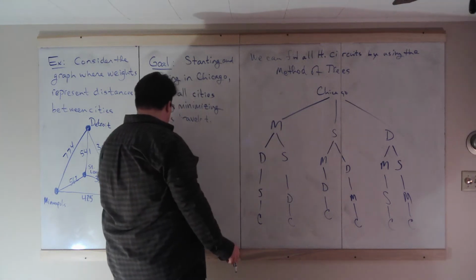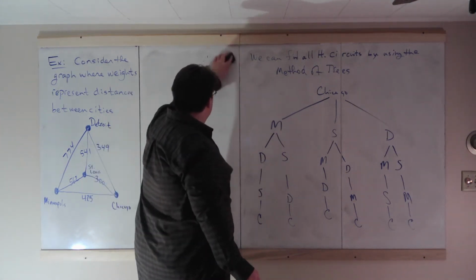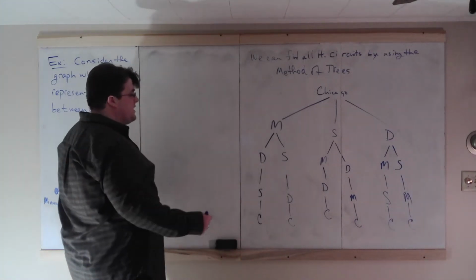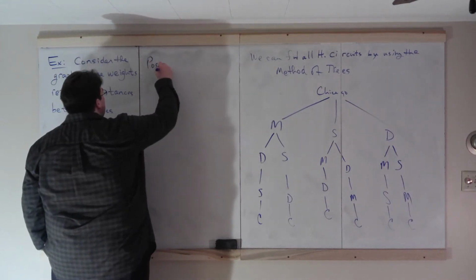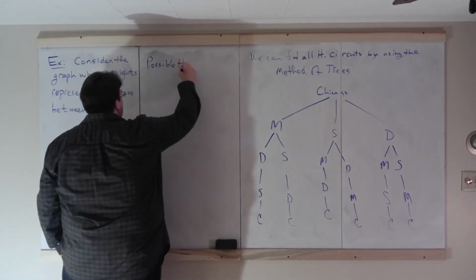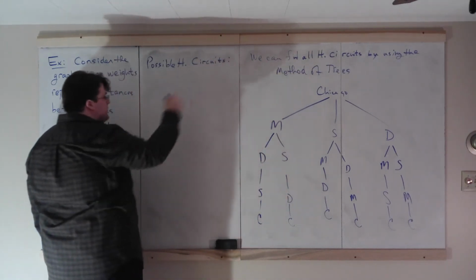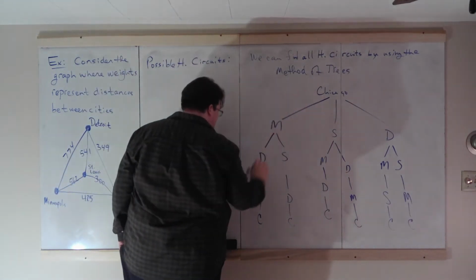So right here, we've constructed all possible Hamiltonian circuits. So let's just consolidate them a little. I mean, write them in a more consolidated fashion, I guess I should say. So possible Hamiltonian circuits are the following. So let's just write them going straight down.